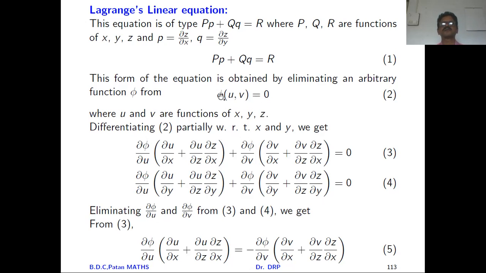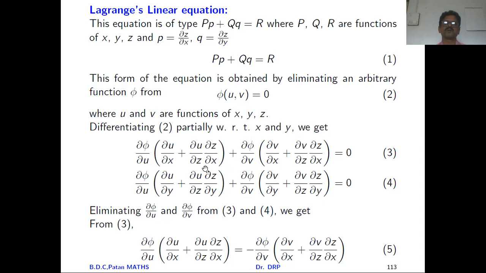So differentiating partially with respect to x, you will get ∂phi/∂u into (∂u/∂x plus ∂u/∂z into ∂z/∂x). Similarly, it gives ∂phi/∂v into (∂v/∂x plus ∂v/∂z into ∂z/∂x) equal to 0.